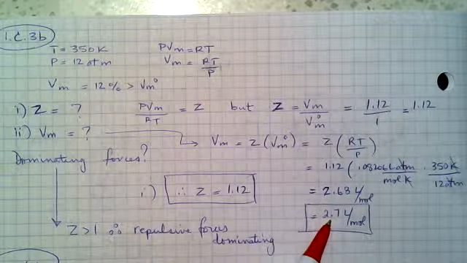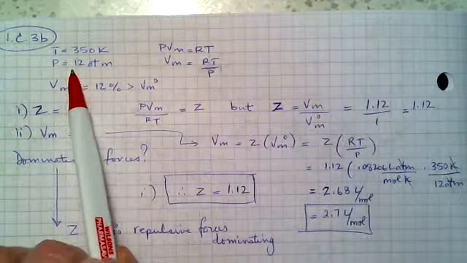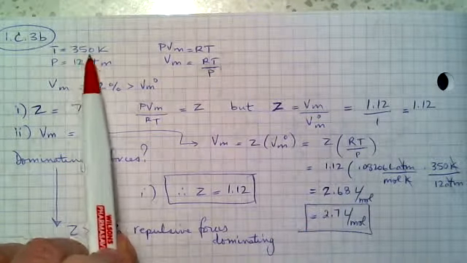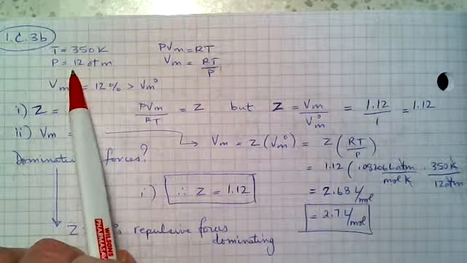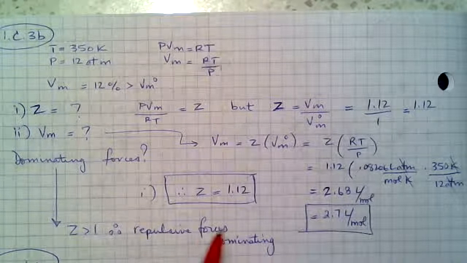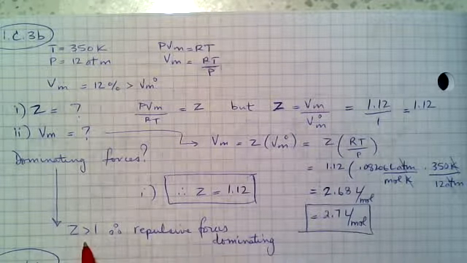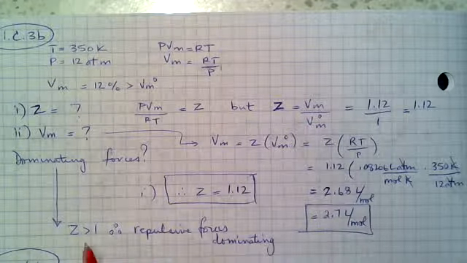The reason I did that was because I looked back, everything was multiplication, and so I can look back at my original data, and I'm limited by the 2 sig figs given in the pressure. And finally, what are the dominating forces? Because my Z is greater than 1, my repulsive forces are dominating.